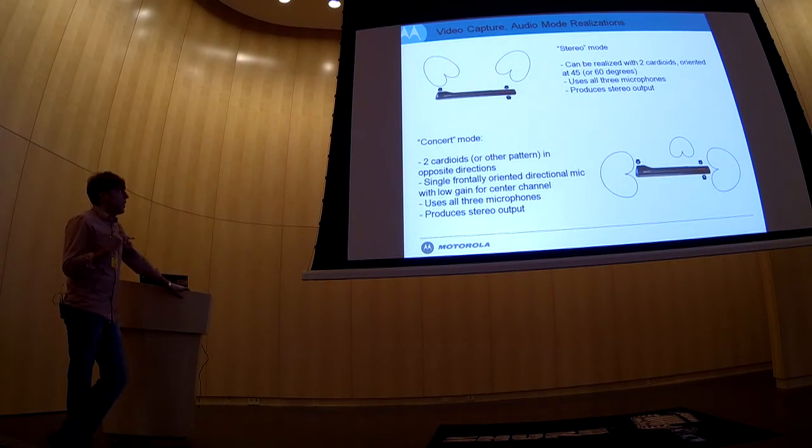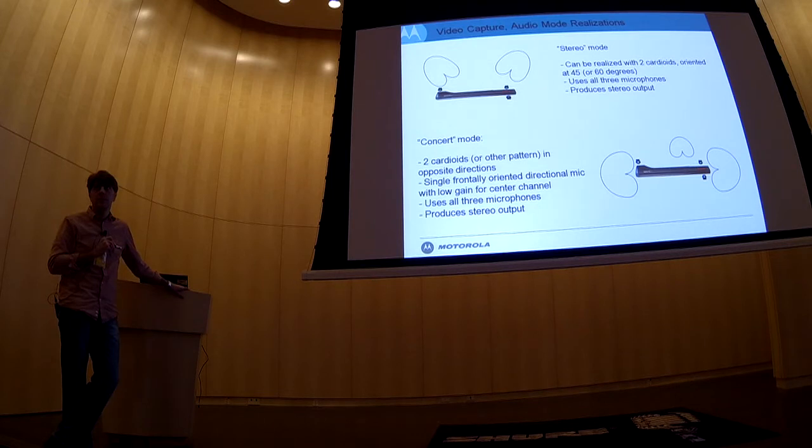Other modes, stereo mode or a concert mode, could be realized by using the far microphone pair to produce sideways oriented virtual microphones, and the bottom microphone pair to realize a forward-oriented virtual mic.